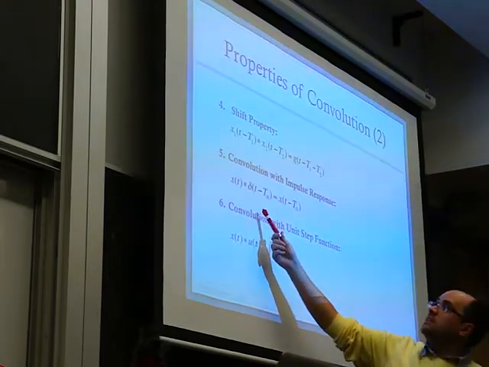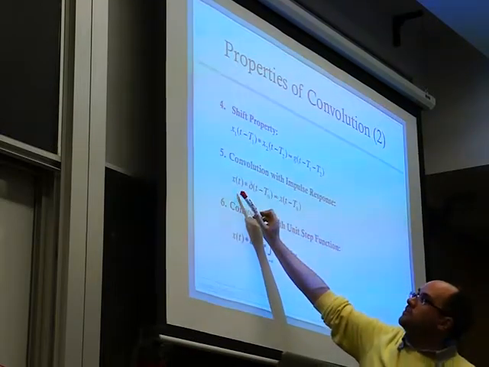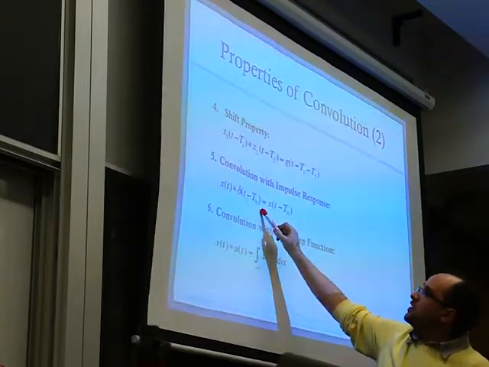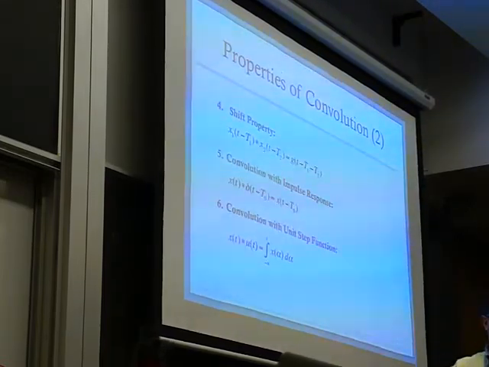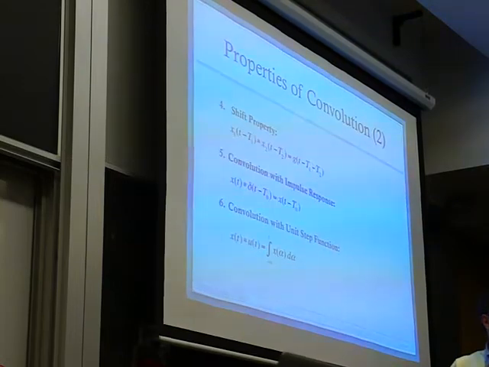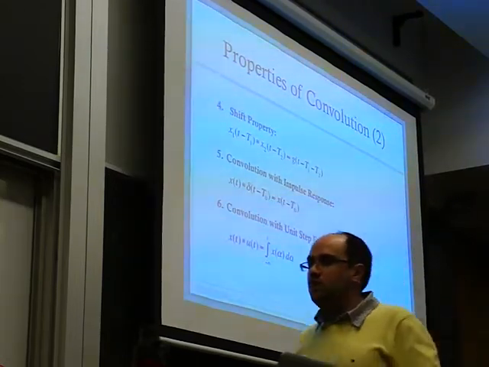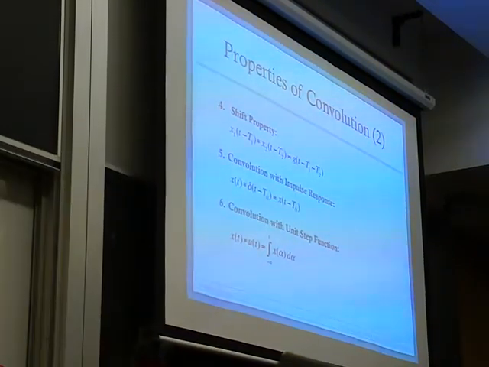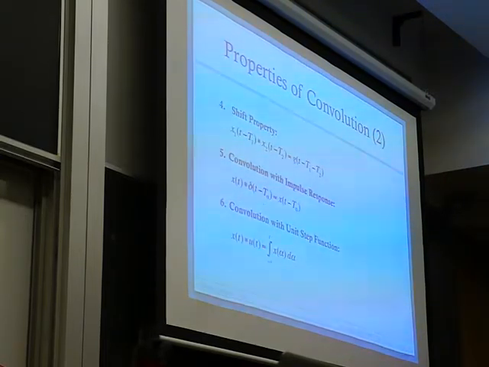Here again, you see the delta function is very special, because when you convolve any signal x of t with a shifted version of the delta function, the output is a shifted version of the signal. So you don't have to carry out any integration or operations.